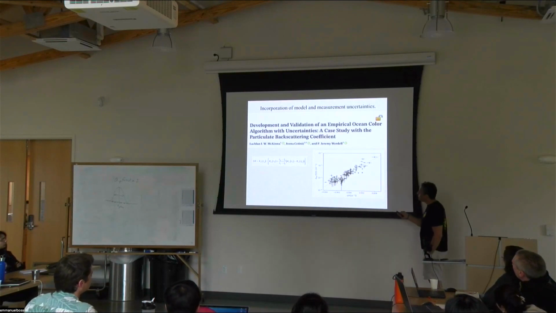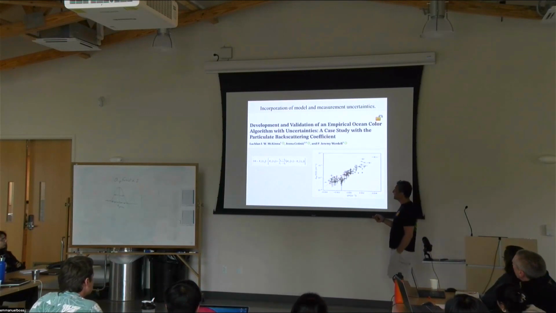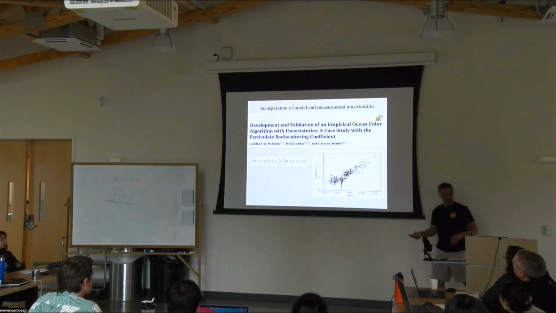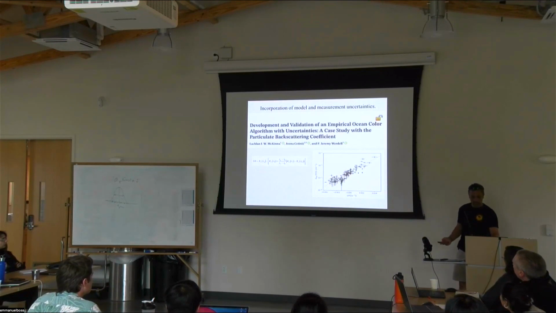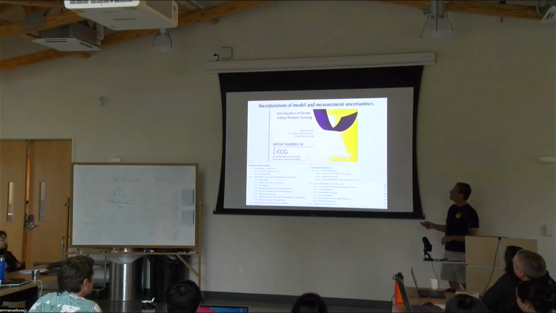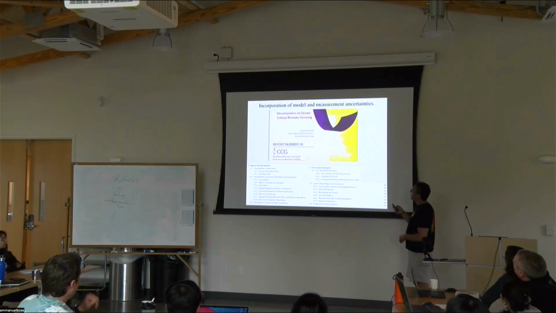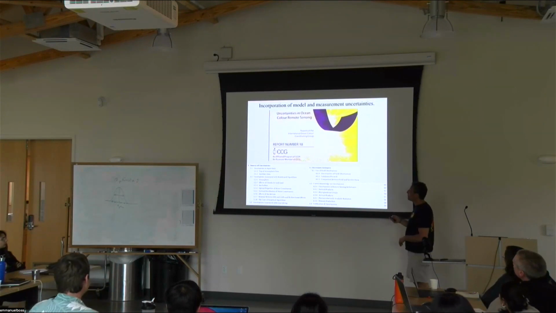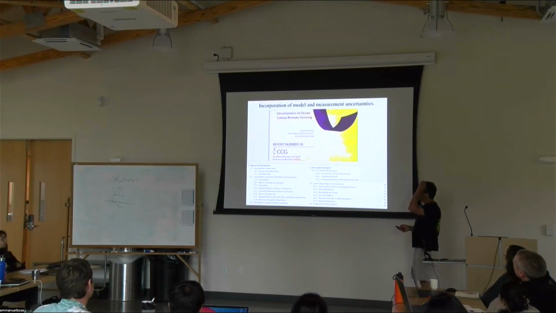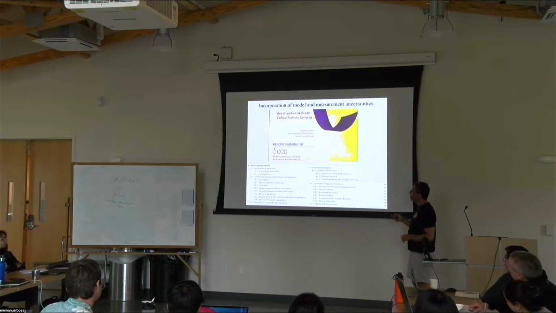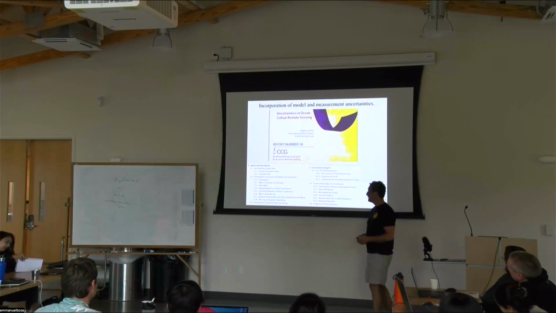But also, how do I put error bars on it in a way that's realistic and based on what we know at this time? I'm not going to go into the detail, but I suggest you look at it if you're interested in errors. And then finally, there's a whole IOCCG report that was edited by Muller, who did most of the work in it, about how you do uncertainties in our science.